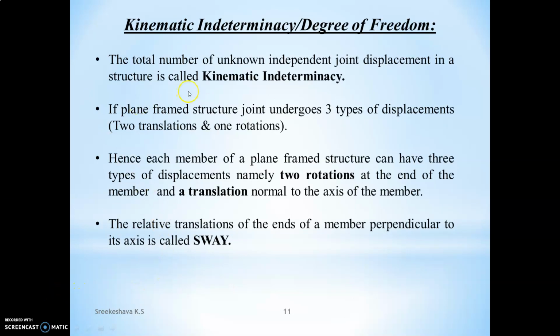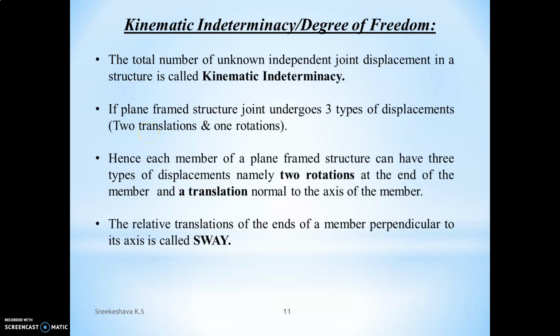See, this is a very simple thing. The total number of unknown independent joint displacements in a structure is called the degree of freedom or kinematic indeterminacy. For example, consider a hinge support. In a hinge support, how many reactions are possible? Two reactions are possible, one vertical and another horizontal, right?